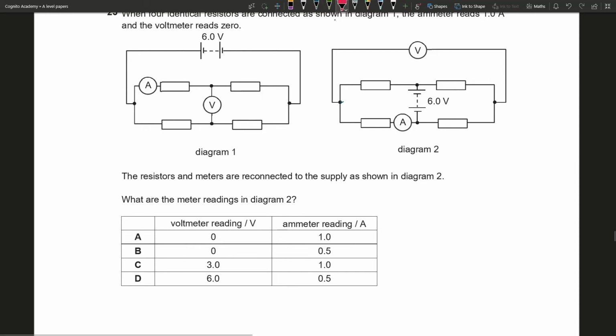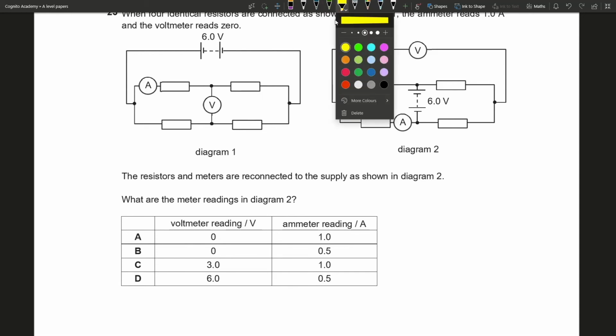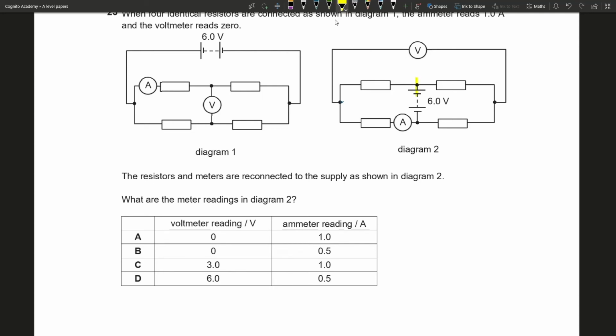So what I'll do first is draw out the battery portion. So this is the battery. I'll use the highlighter to indicate portions of the diagram that I already redrew. So we have our battery branch here. Notice that in this diagram too, the battery branch is parallel to this branch over here, containing two resistors and an ammeter.